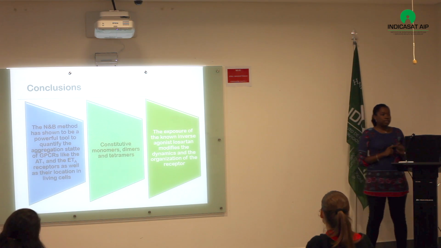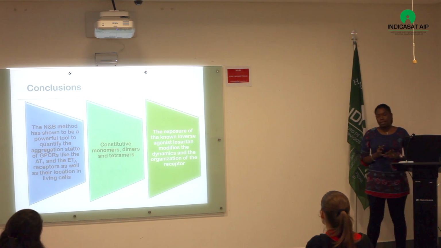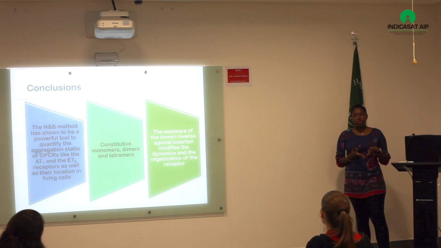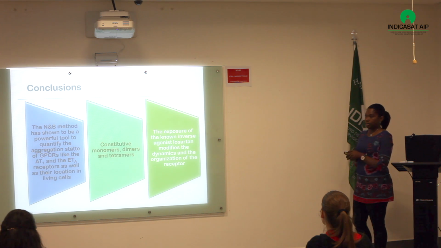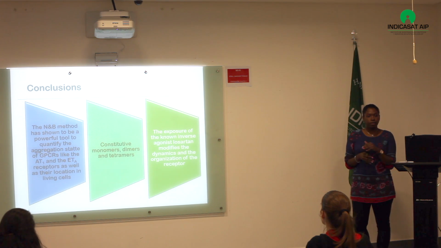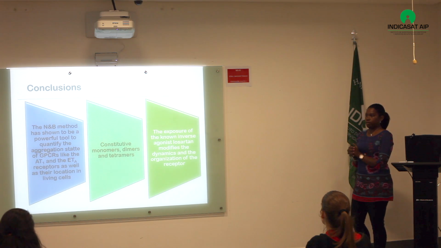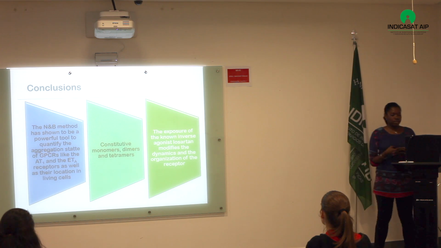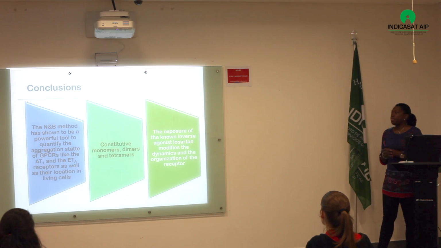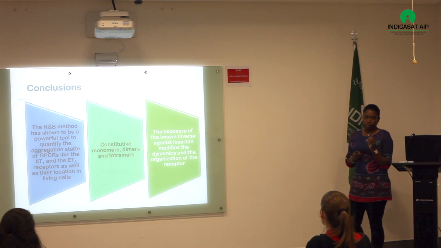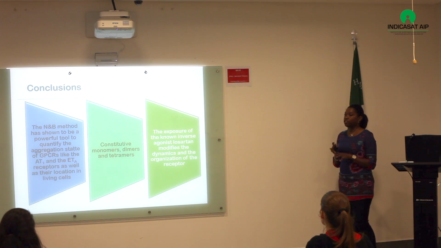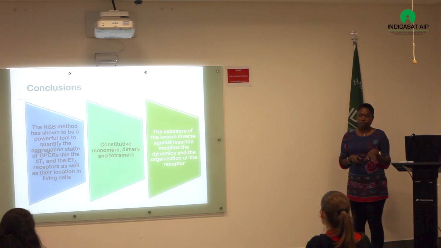And these aggregates, the dimers and the tetramers, also the monomers, are formed constitutively in the cells because we observed them before the addition of the ligands. Once we measured, they were already there. And regarding the exposure to the antagonist losartan, it is also known as an inverse agonist.